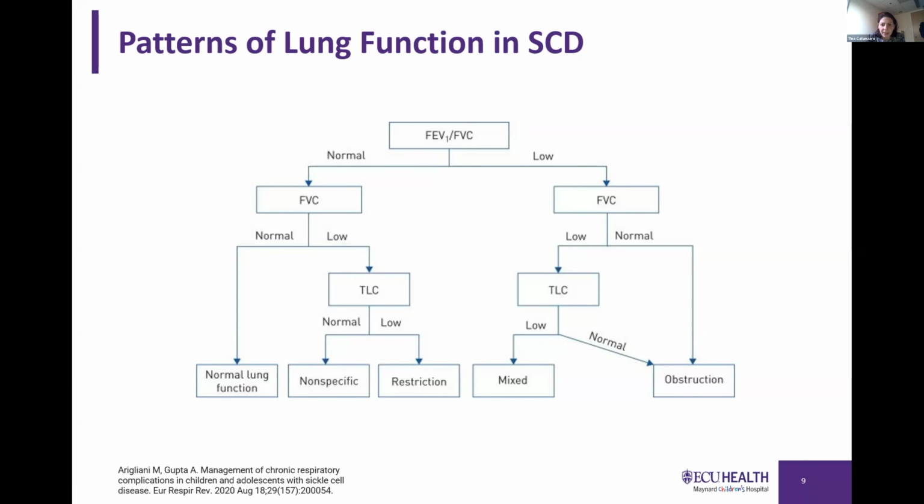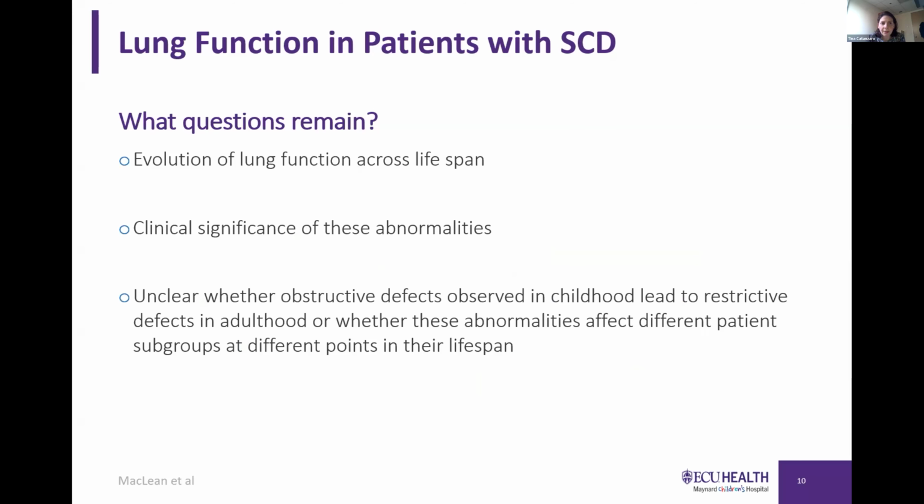So there are still a lot of open-ended questions, because much of the information that we have is based on small retrospective studies. A lot of the questions that remain are what is the evolution of lung function across a lifespan?